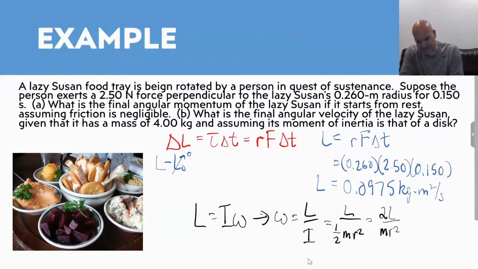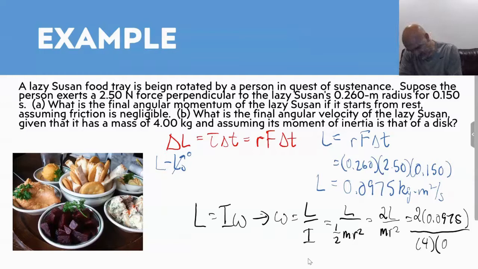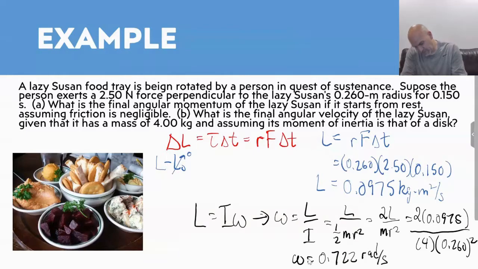If it's a fraction in the denominator, I can inverse it there. So 2 times 0.0975 divided by our mass, which is 4 kilograms, times our radius, which is that 0.260, squared. And so my final angular velocity or angular speed of our lazy Susan after applying that force is 0.722 radians per second, right? So here's the answer to B.